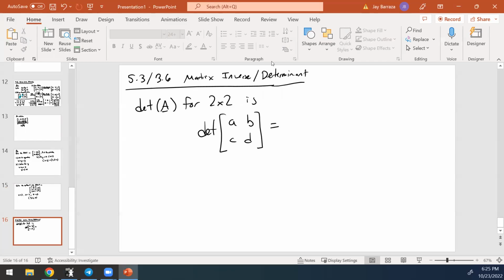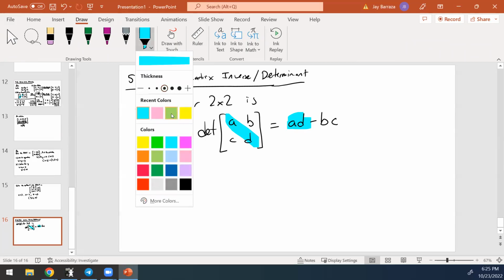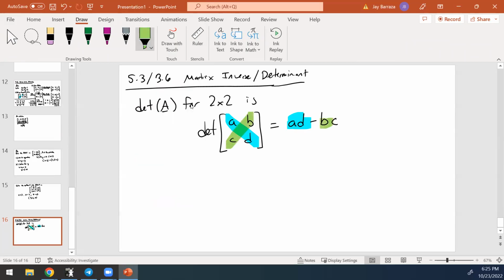Okay. A times D minus B times C, right? A times D minus B times C. Doesn't matter the order you do it in, like C, B, B, C, D, A, D, it's all the same. Okay.